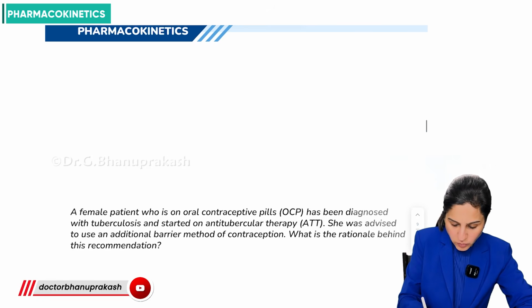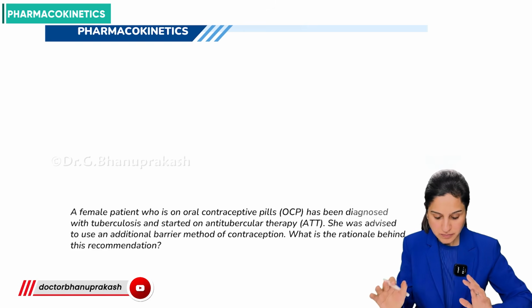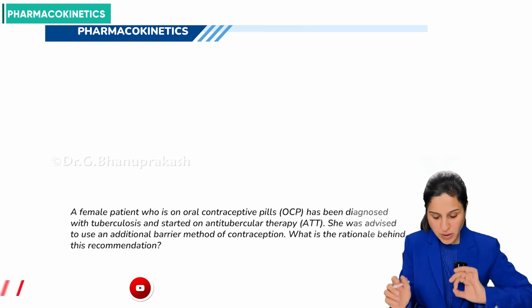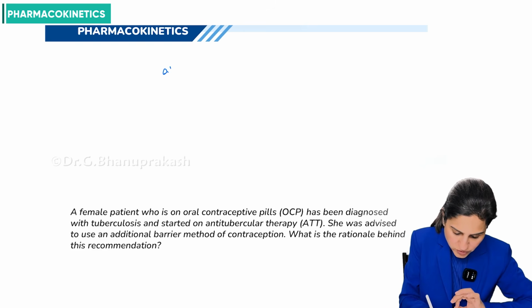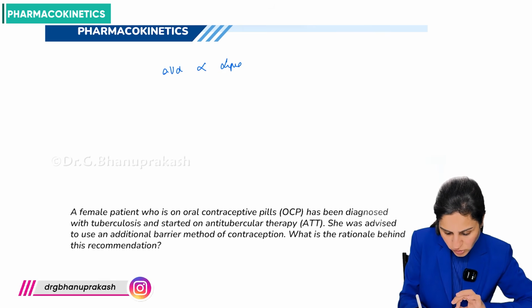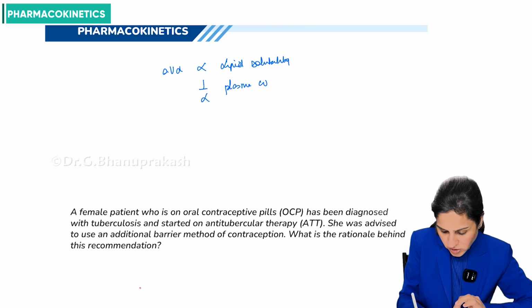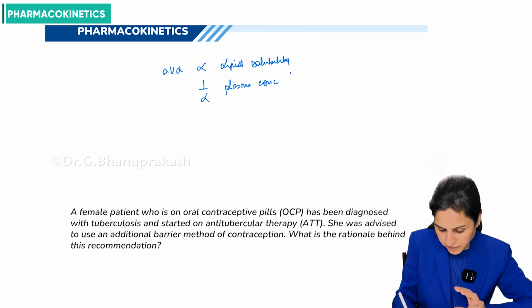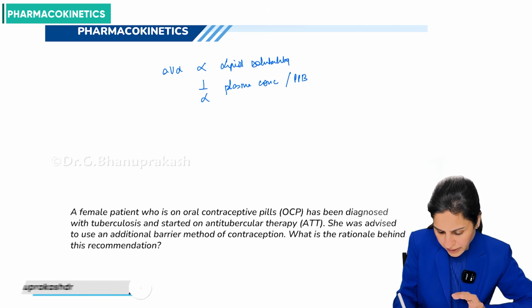So overall, what I want you to understand or remember is one fact: apparent volume of distribution is always directly proportional to the lipid solubility. But it is always inversely proportional to the plasma concentration, or plasma protein binding.